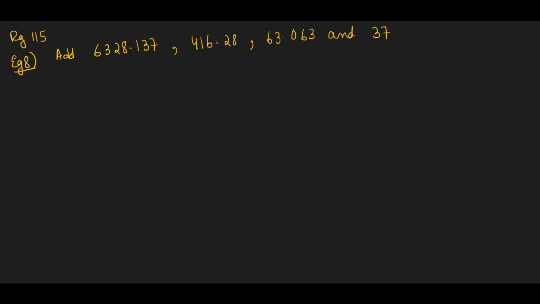So children, the first step that you need to remember is you need to write the given decimal numbers one above another, with the decimal points in a vertical line.